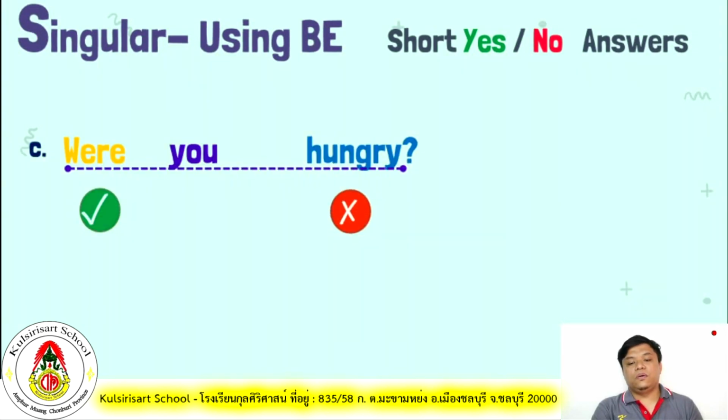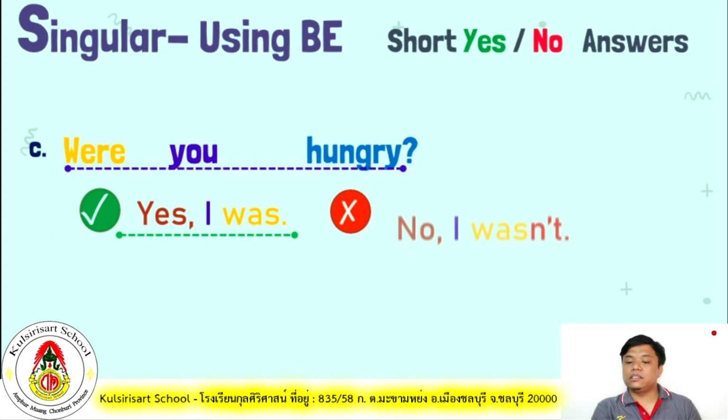Were you hungry? This is for singular you. Remember, singular you uses a different answer from plural you. So the question, were you hungry yesterday? You will answer, yes, I was. This is an exception for the singular pronoun you.